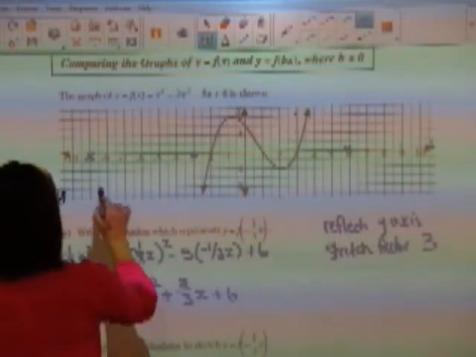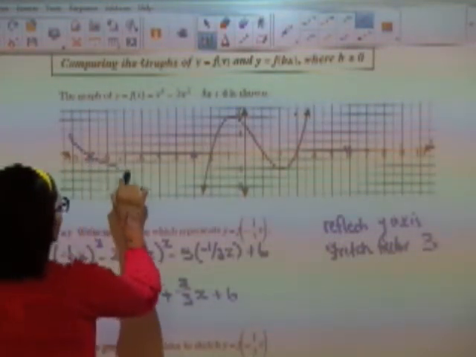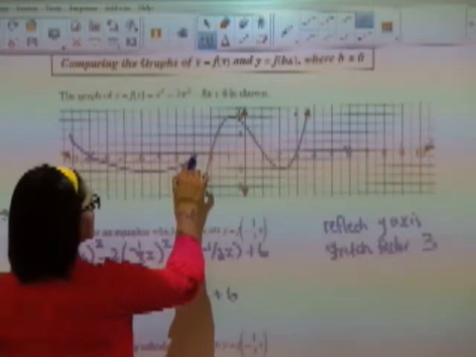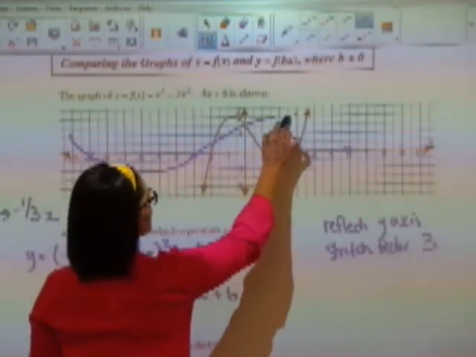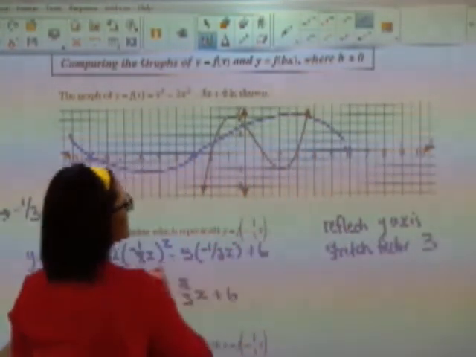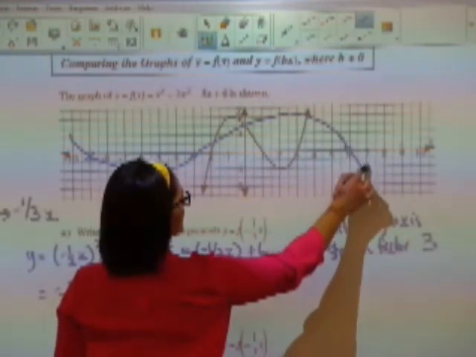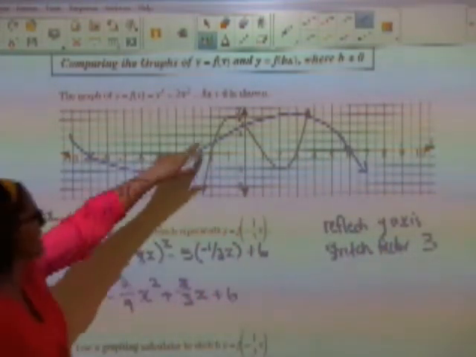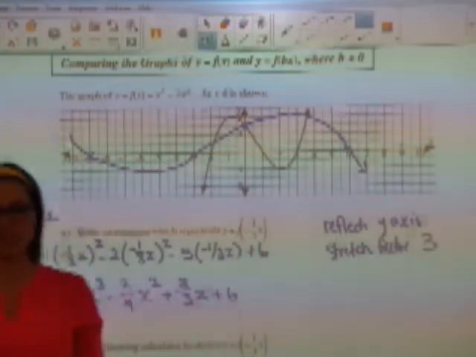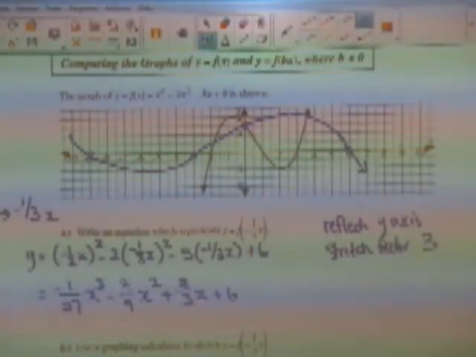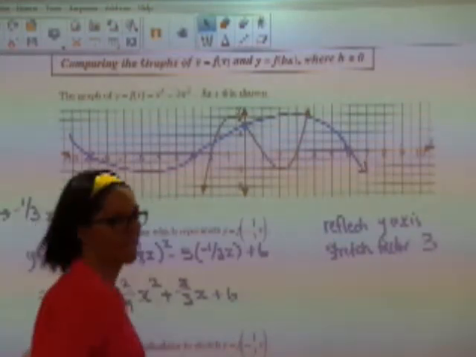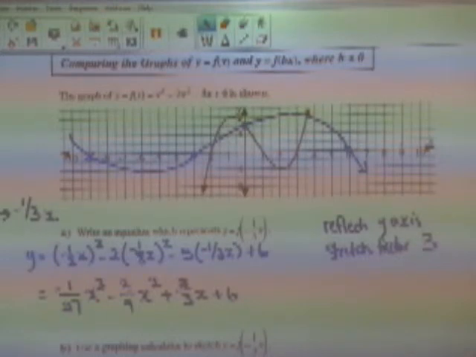So when I connect my dots, I get a graph that will look like this. This point here, 0 and 4, stays the same. So now check that with your calculator. And in this instance, it's a little bit more work, but it would be more useful if you put both equations on the calculator.